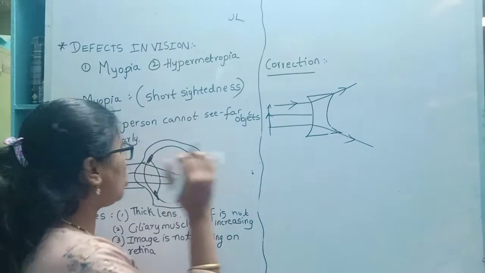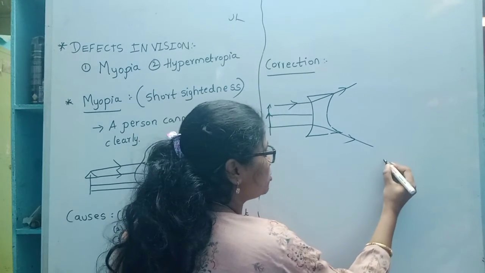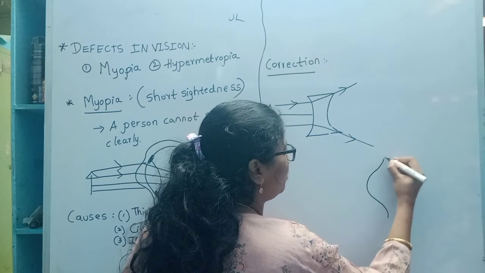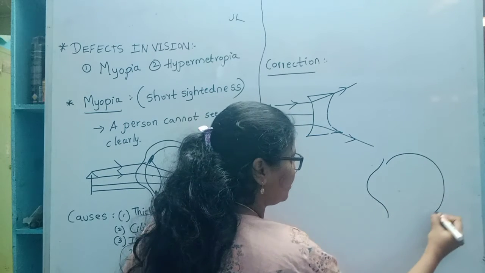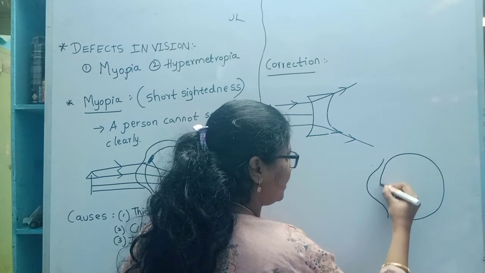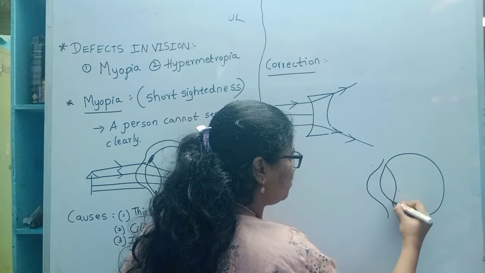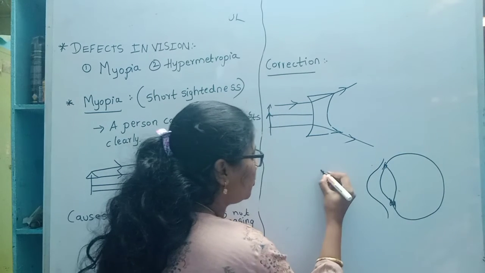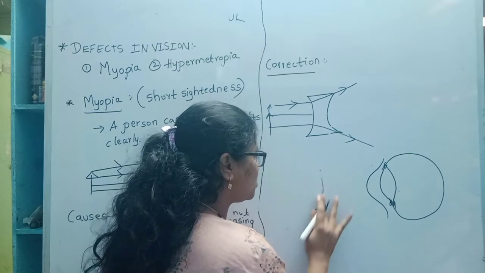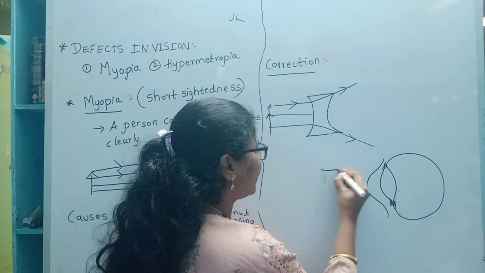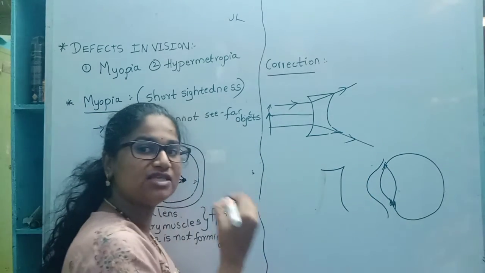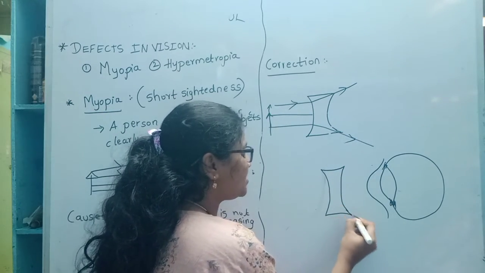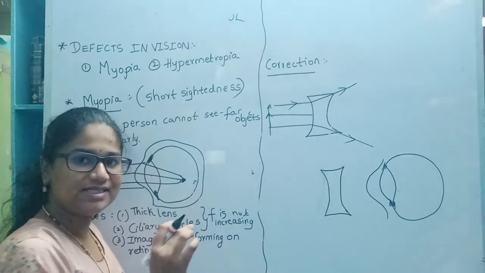So here, what the doctor will do: suppose this is an eye, and this is our lens, which is thicker and not becoming thin due to myopia. Suppose a person who has myopia wears a spectacle having a concave lens.